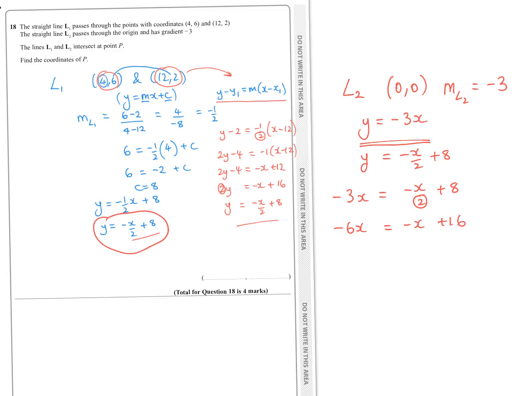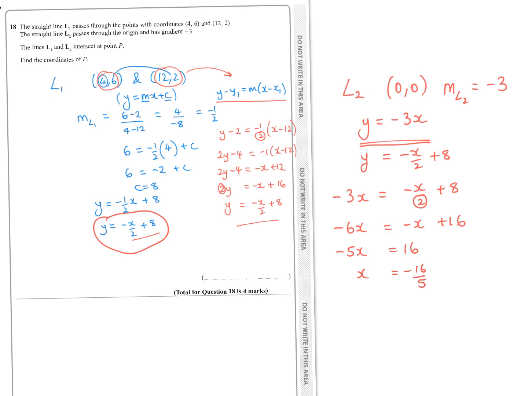I would add x to both sides. And then I'm going to divide both sides by -5. So x is going to be -16/5.